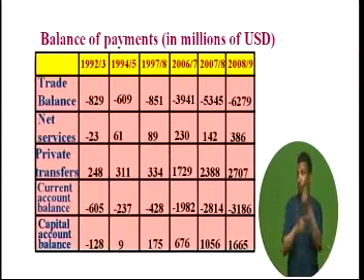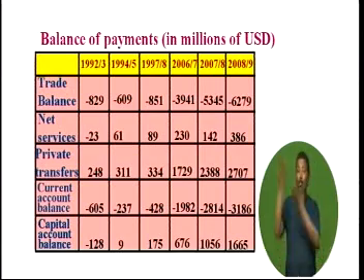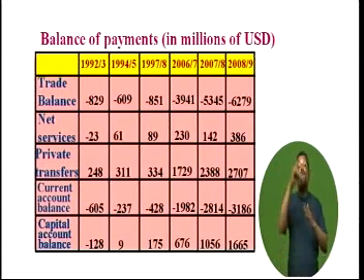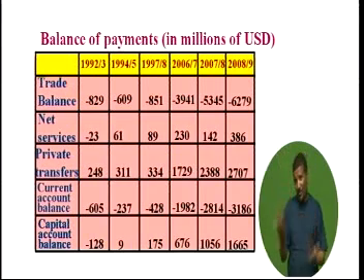Let's now consider the trend of current account and capital account balance using the data from some selected years. As you can see from this table, which is available in your textbook, the value of exports is less than value of imports for all the years, implying a negative trade balance or a trade deficit.